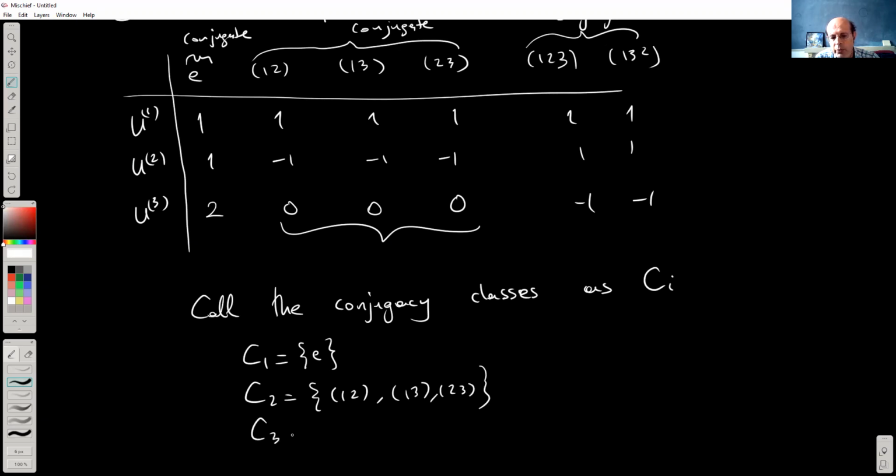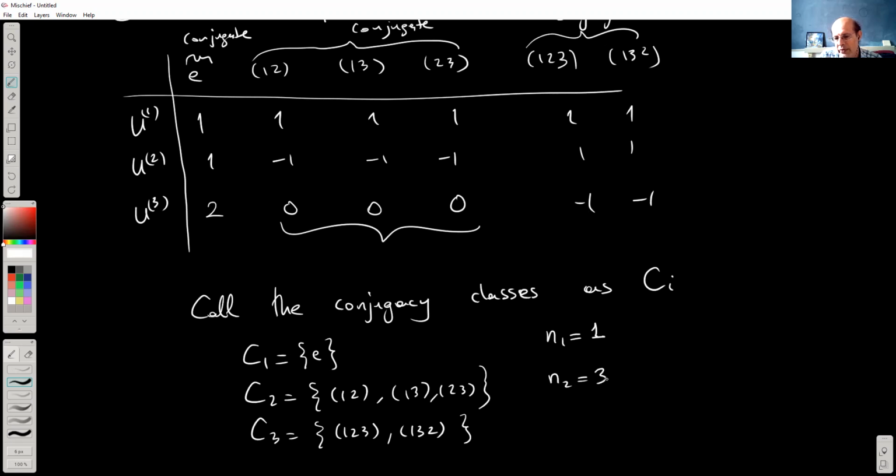And C3 would be 1,2,3 and 1,3,2. Okay. So I'm also going to call the number of group elements within each conjugacy class, so that's going to be important as well.